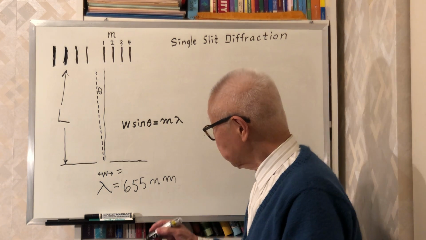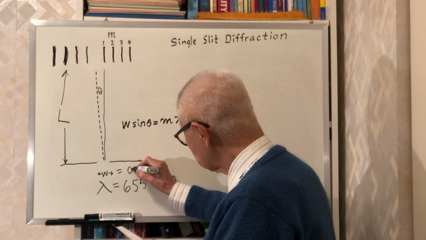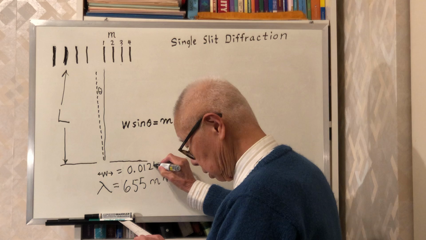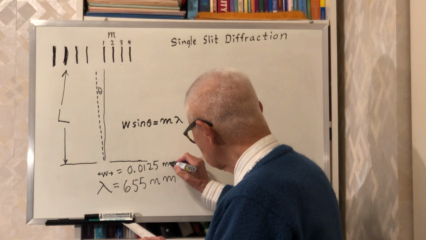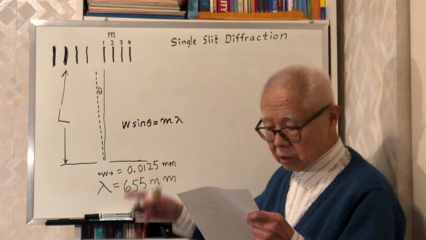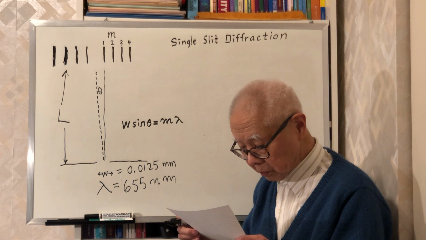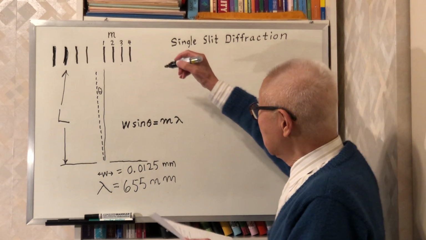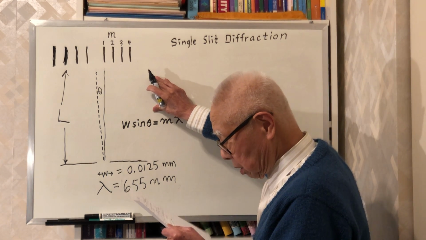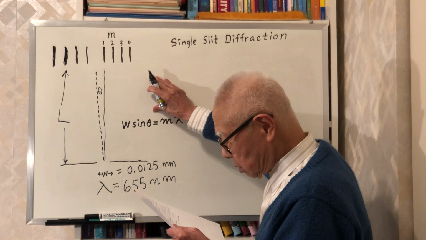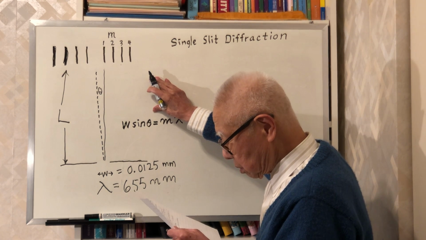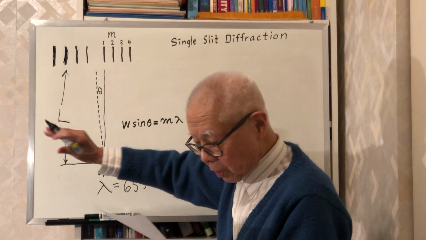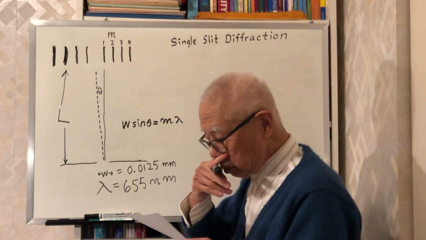The width is also given, W. The slit width is given. L is not given. In this case, you don't need L.